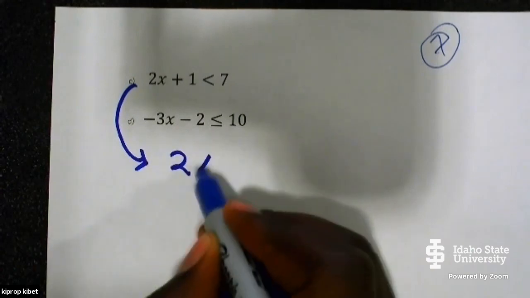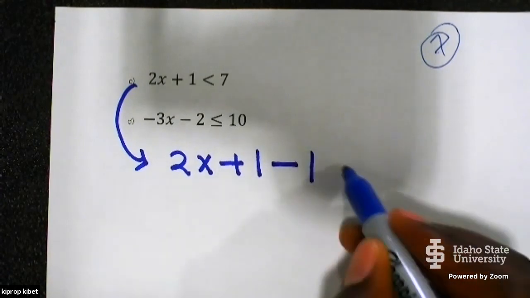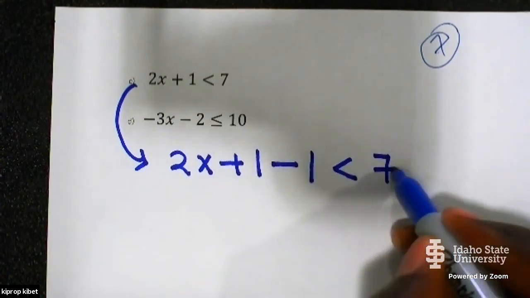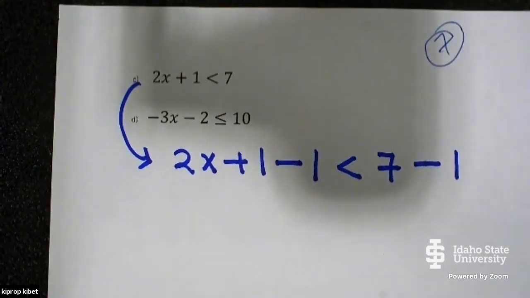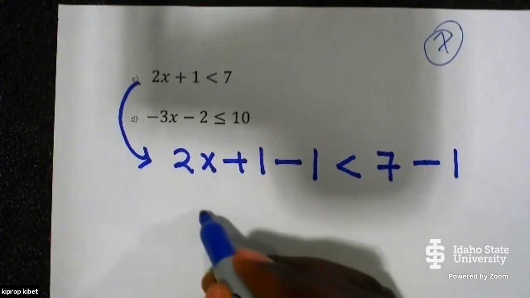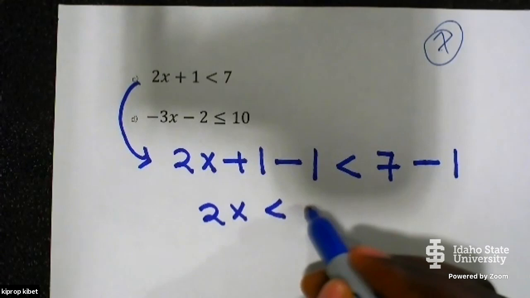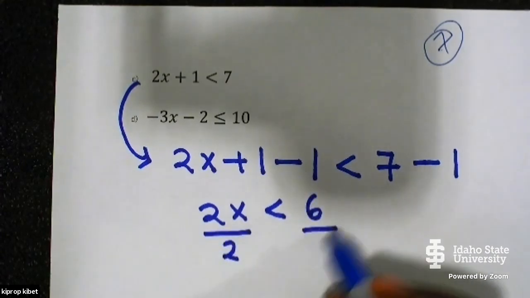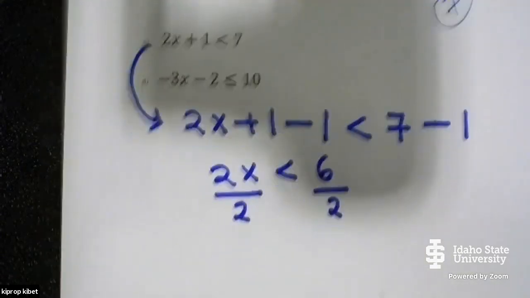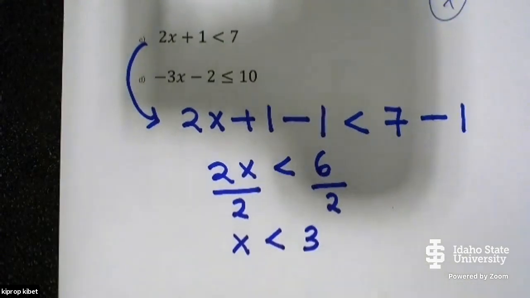So 2x plus 1, and then you do it: minus 1 is less than 7 minus 1. Okay, so 2x less than what? 6. So then you divide this one by 2, that one by 2. So x is less than what? 3. Then you draw the number line like that.